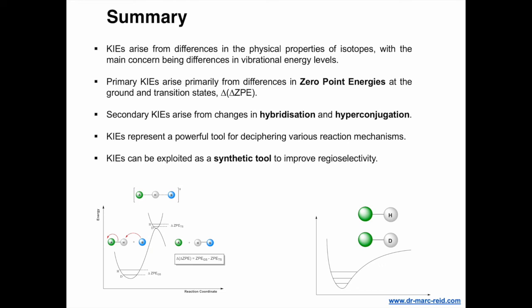We saw some examples of how these kinetic isotope effects provide powerful tools for investigating and differentiating various reaction mechanisms. Then, finally, we closed by looking at a practical example of how kinetic isotope effects can serve as a synthetic tool in really challenging and complex syntheses, in particular problems of solving regioselectivity issues.